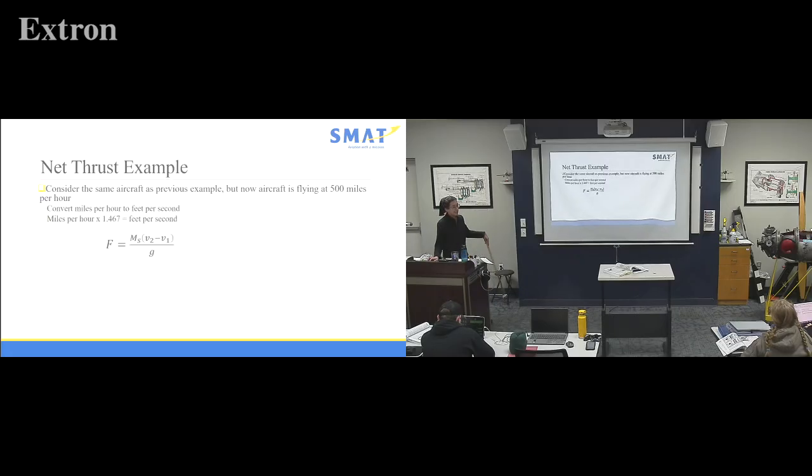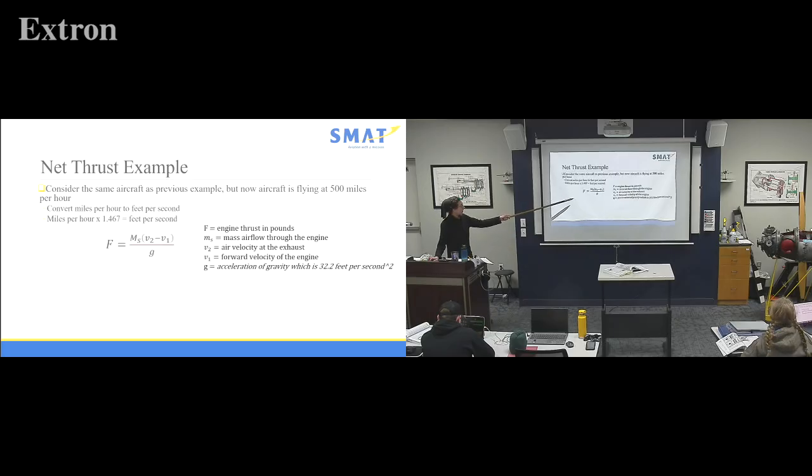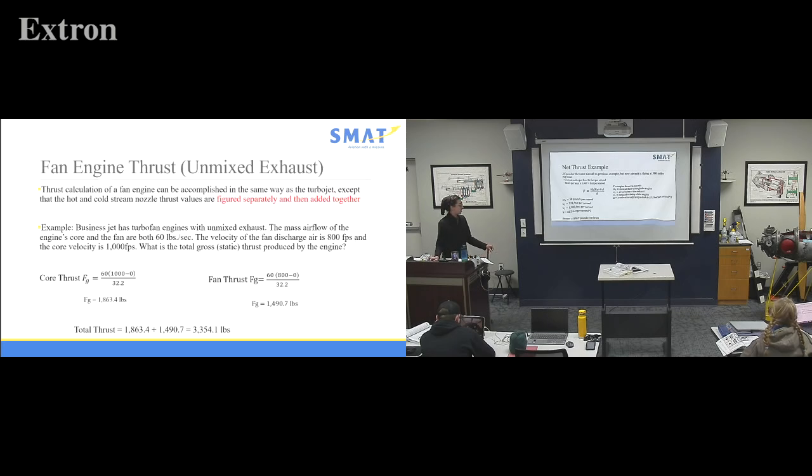And so this takes that same formula, going 500 miles an hour, still consuming 50 pounds a second, and we end up with 878 pounds of thrust without taking into account ram air effect. So that's just to show you the formulas are lacking.